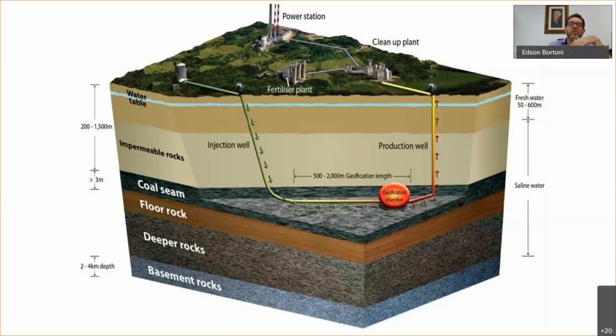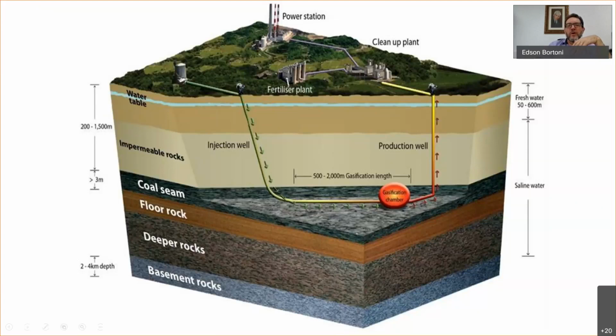So what they do is inject water down into the earth about 2 kilometers, 2,000 meters. The water finds rock with high temperature, so the water turns into steam and goes up.